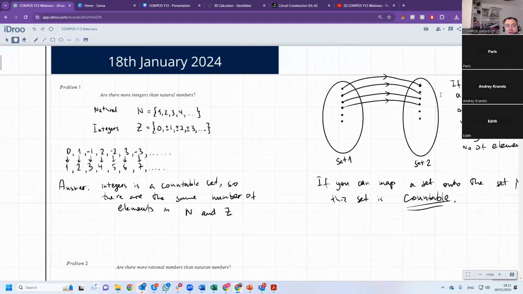Basically, if you can enumerate them, then every element corresponds to a natural number, right? That means it's a countable set, and therefore there are the same number of elements in each set.